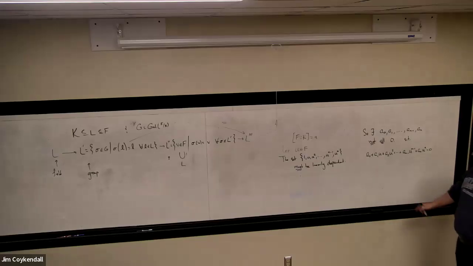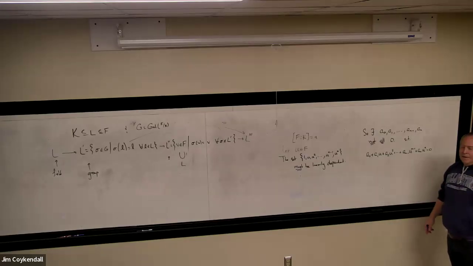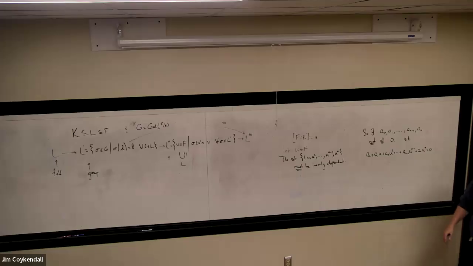Agreed? And since these are not all 0, that means that u is the root of a polynomial. Just replace u with the x in this polynomial. So you've shown that every u is algebraic. Does that make sense? Did you do it right?